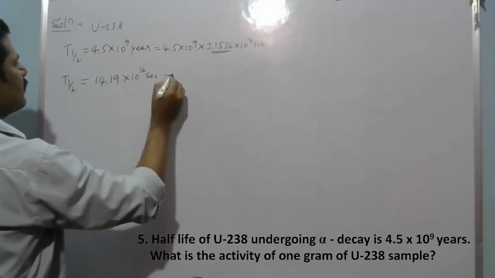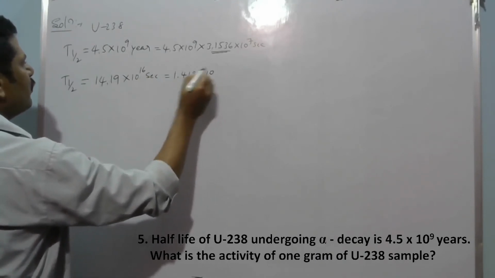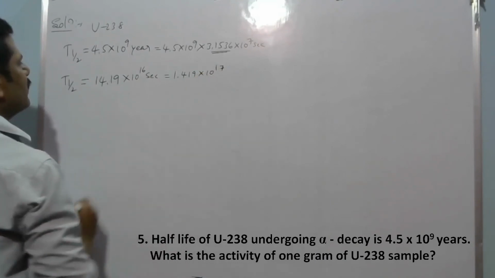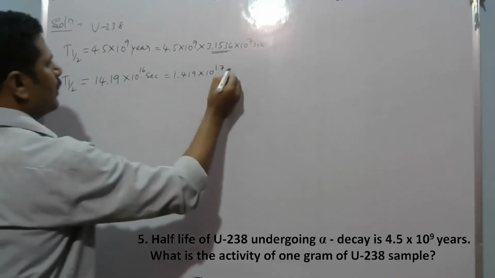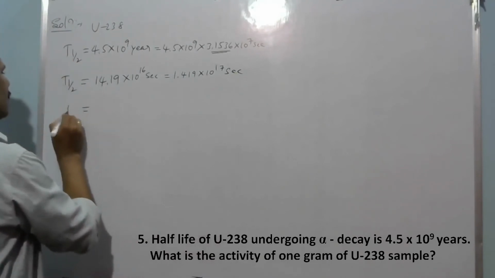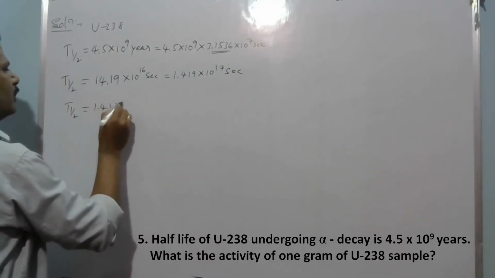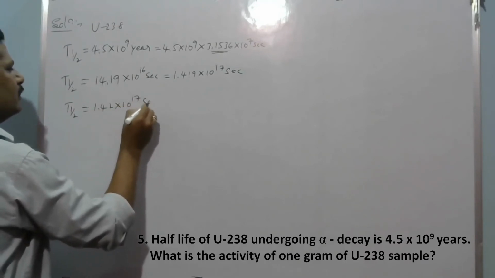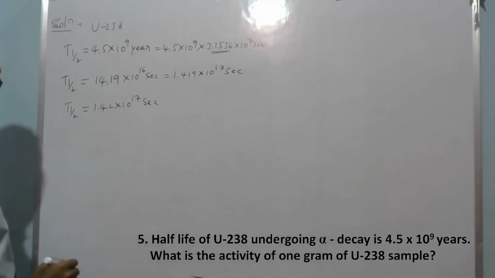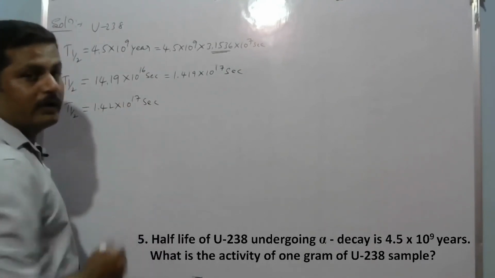This can be written as 1.419 into 10 power of 17, which is very nearly 1.42 into 10 raised to 17 seconds. Now we need to find out the activity of 1 gram of radioactive substance.